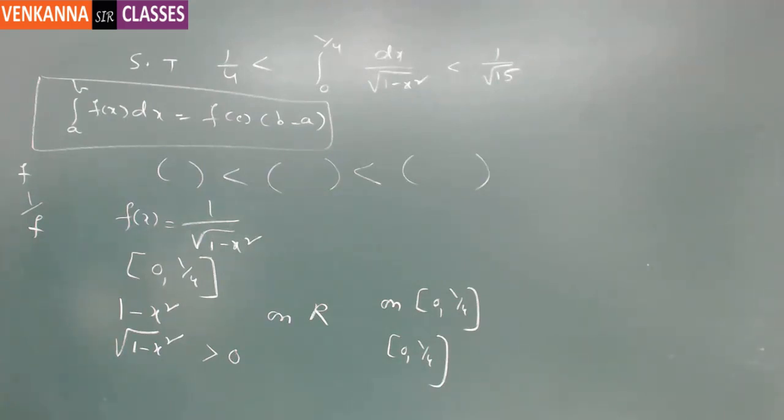Okay, then we need to think of one thing: for the mean value theorem, the condition is only for continuity. But for Lagrange's mean value theorem, we are going to check for continuity as well as derivability on the open interval too. So if you generalize this criteria, every continuous function need not be differentiable, isn't it?